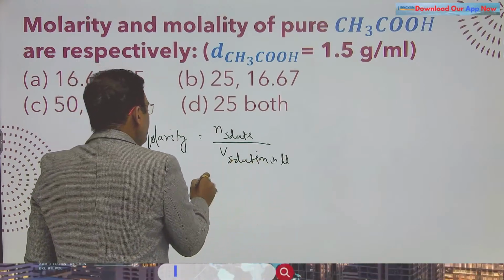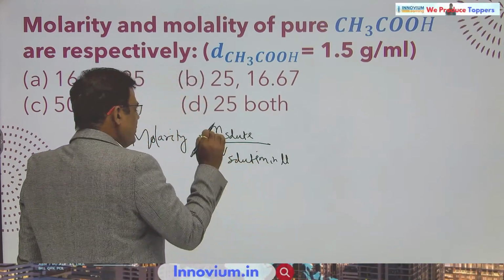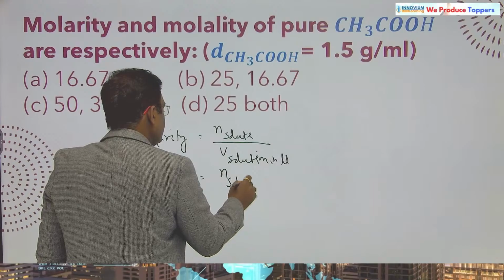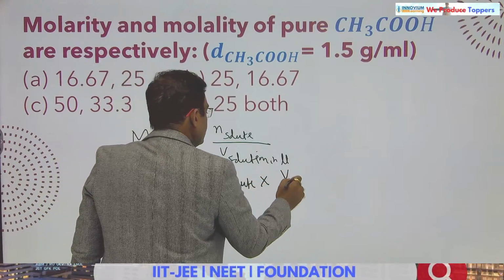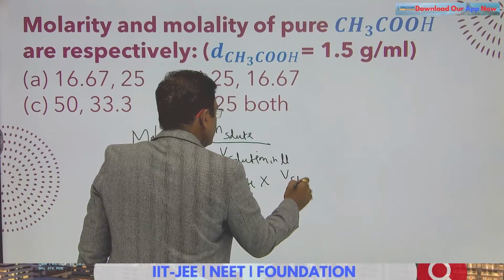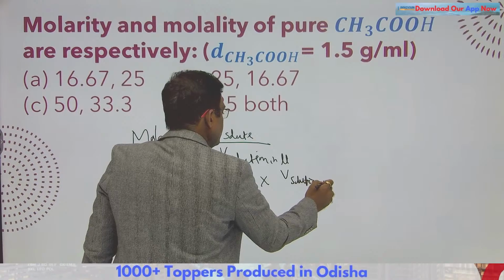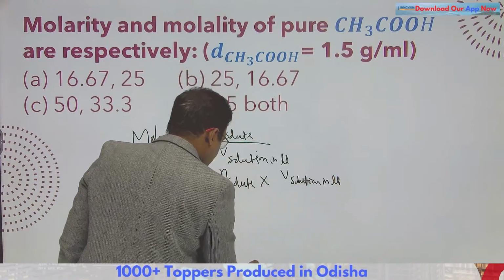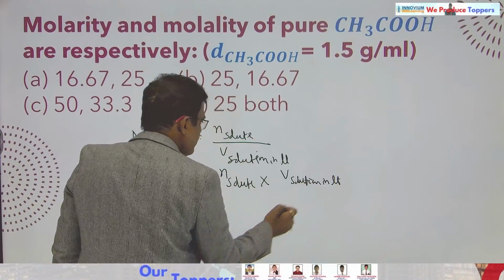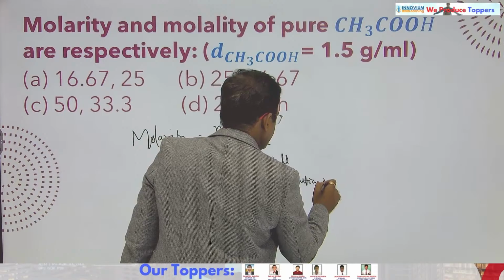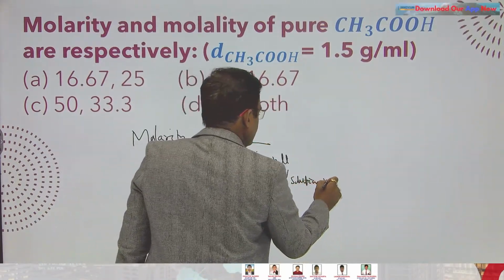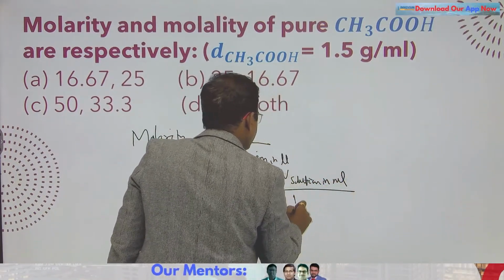But if the volume of solution is given in ml, then the expression is like this: volume of solution in ml, sorry, this is in ml, by 1000.